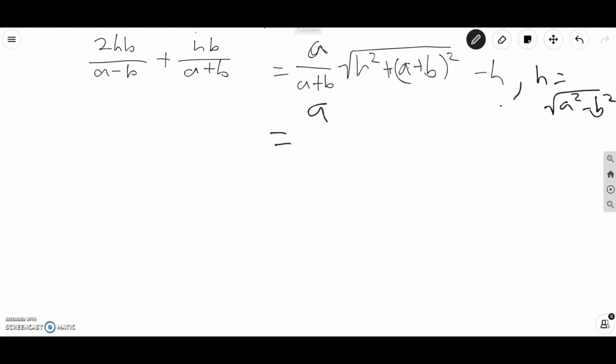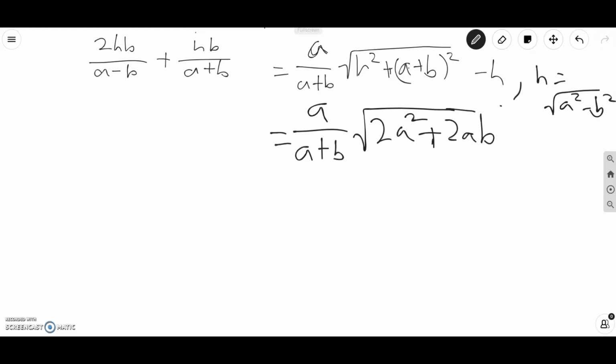So what we can do is maybe simplify the square root there a little bit. And it's nice that we have H squared. So H squared would be A squared minus B squared, and we're adding that to A plus B quantity squared. So we note that the B squared terms would cancel out, but we would be left with a 2A squared plus 2AB minus H on the right-hand side there.